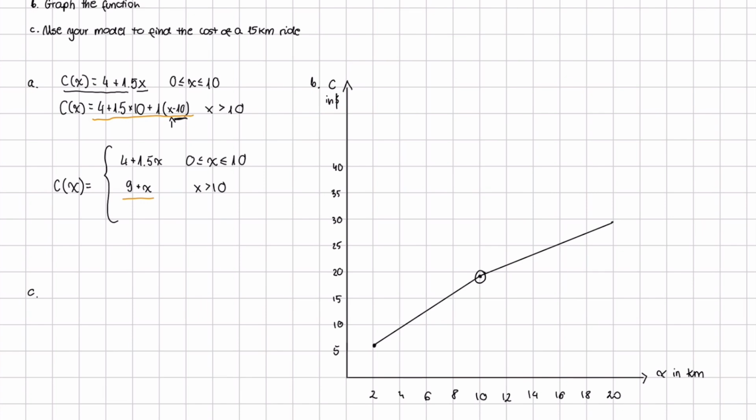And in C we have to use our model to find the cost of a 15 kilometer ride, so we have to decide which function we will use, and of course 15 kilometers is greater than 10, so we will use the second one, and it will be 9 plus 15, so it is $24.